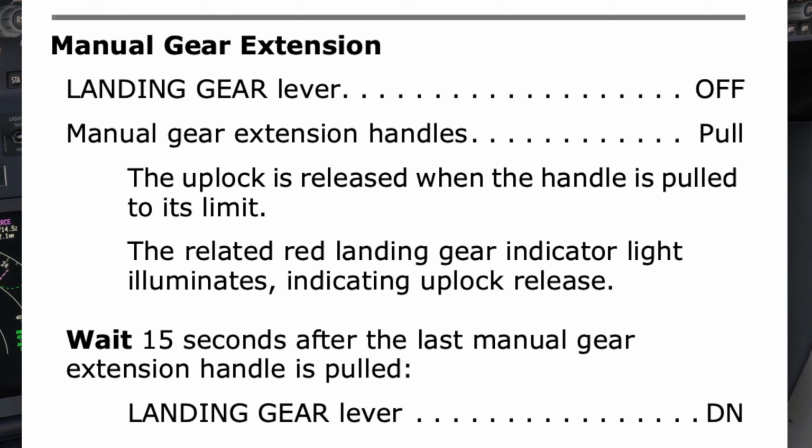Manual gear extension handles. Pull. The up lock is released when the handle is pulled to its limit. The related red landing gear indicator light illuminates, indicating up lock release.